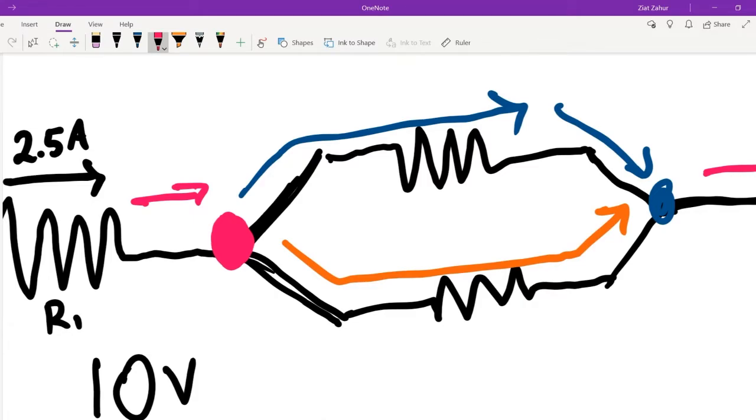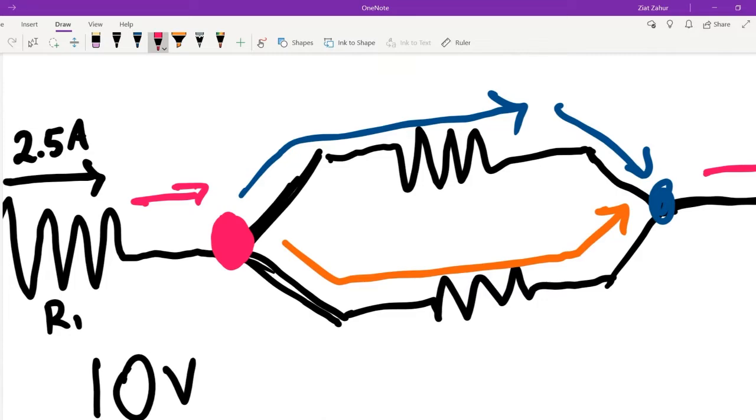So these two parts cannot be equal to the whole, right? These two parts have to be smaller than the whole. They're fractions, and the fractions will depend on the path of least resistance. Current tries to take the path of least resistance. So the path that has less resistance, the 3 ohms, will get more of the current, and the path that has more resistance, the 6 ohm, will get less current.